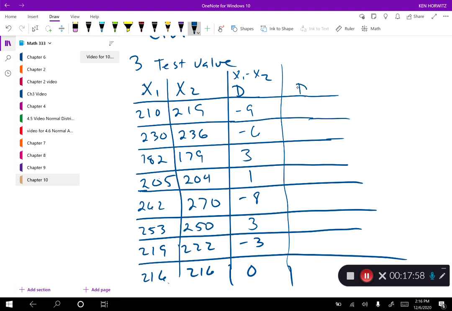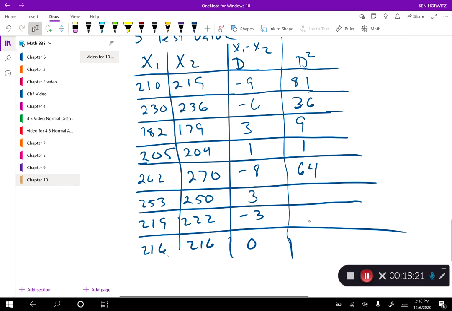Next thing I need is my D squared. I'm simply going to take my difference and square it. So I get 81, 36, 9, 1, 64, 9, 9, and 0.